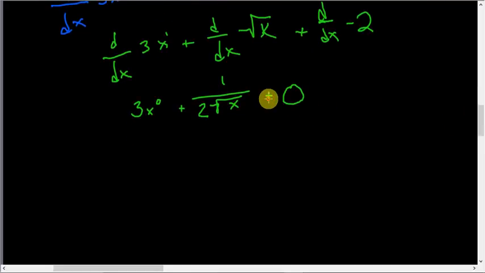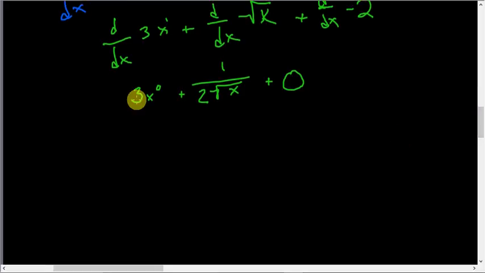So plus 0, which doesn't change the value, but it makes it more correct. Like I said, x to the 0 times 3 is just 3, and 1 over 2 square roots of x, and that's it. And that's our answer.